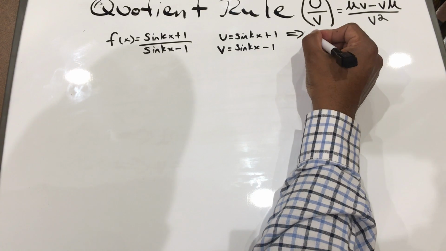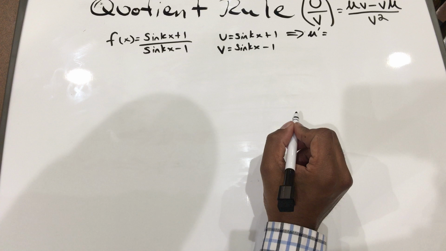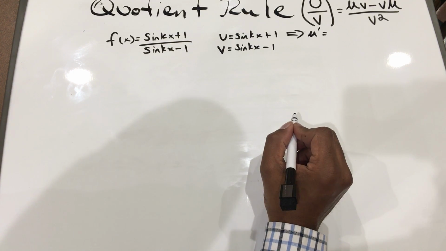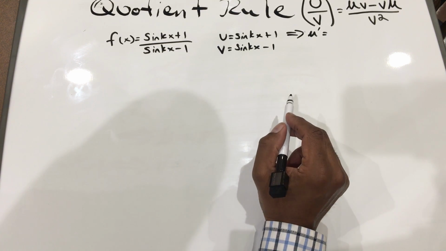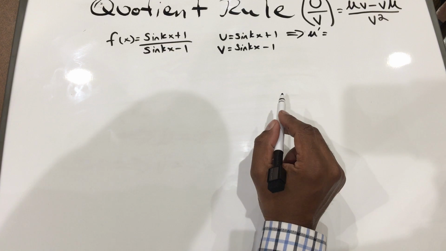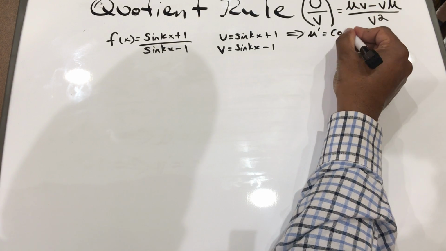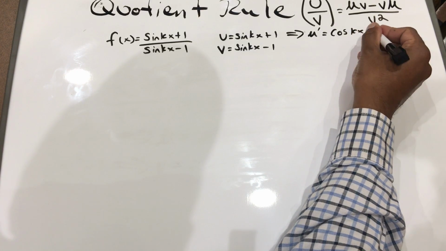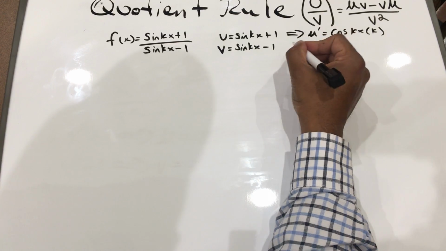Then our derivative would be equal to the derivative of sine of kx plus 1. So we have a trig function, and we know we always multiply the derivative of sine by the rate of change of the angle. So we have cosine kx times k, and the derivative of 1 will be 0.